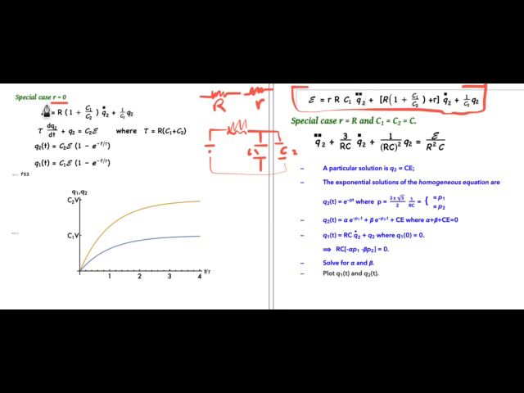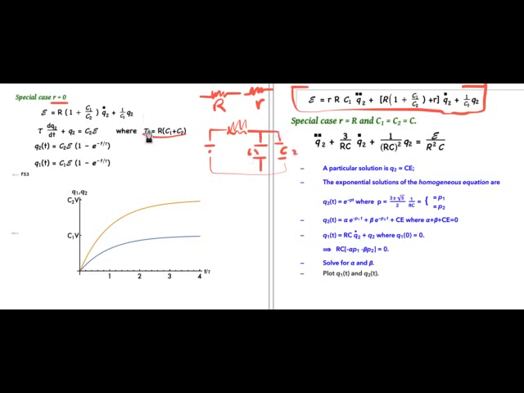Or I could multiply both sides of the equation, let's see, I could introduce a time constant C1 plus C2 times R. That would be the natural time constant since these two form an equivalent capacitance, C1 plus C2.